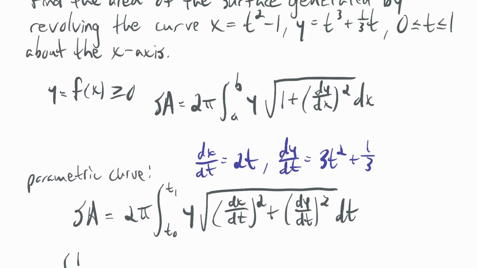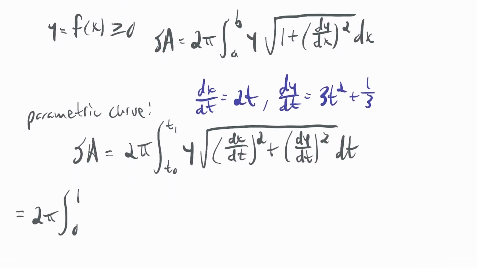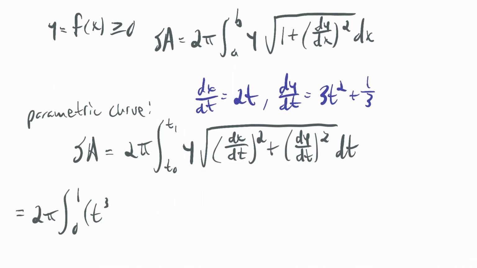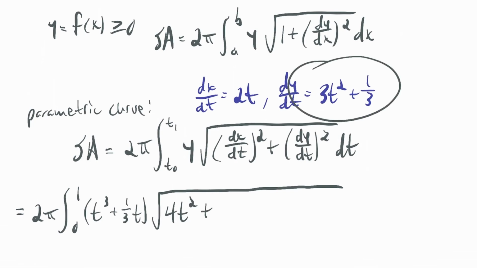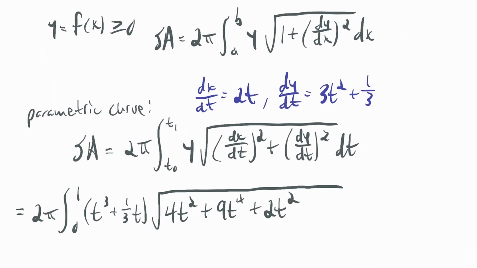Well, y is t cubed plus 1/3 t times the square root of this squared, so 4t squared, plus this squared, okay? So 9t to the fourth, plus 2t squared plus 1/9 dt.